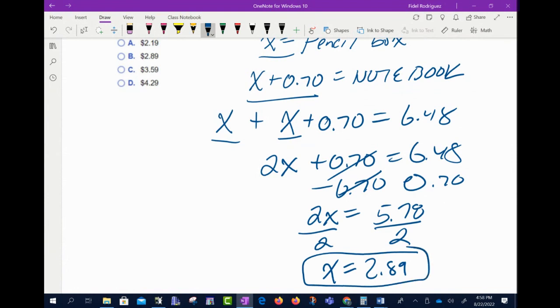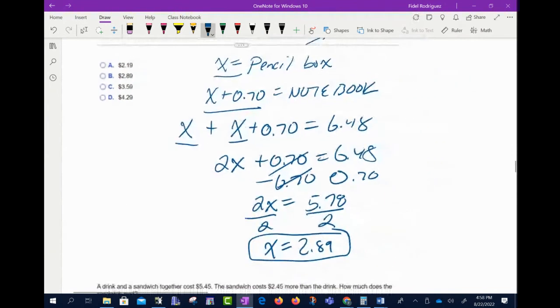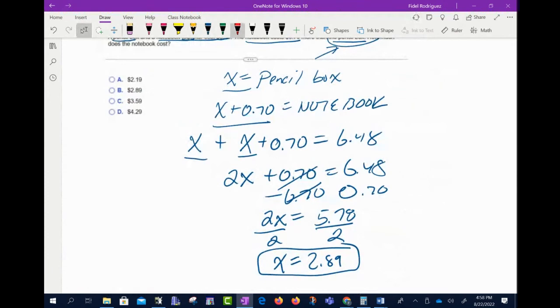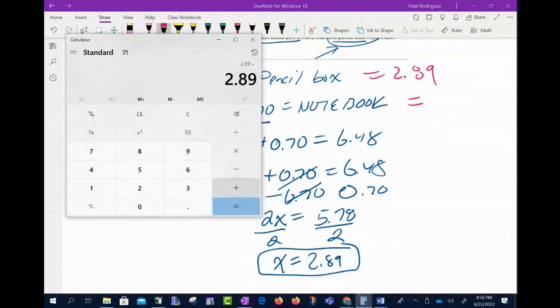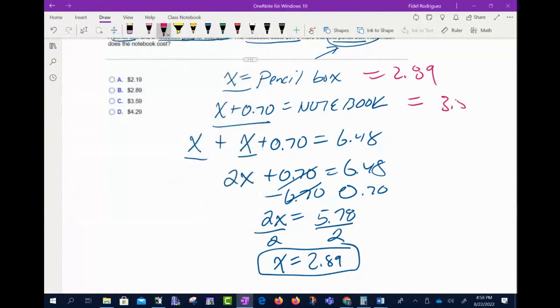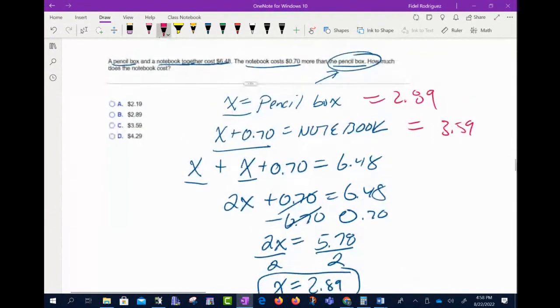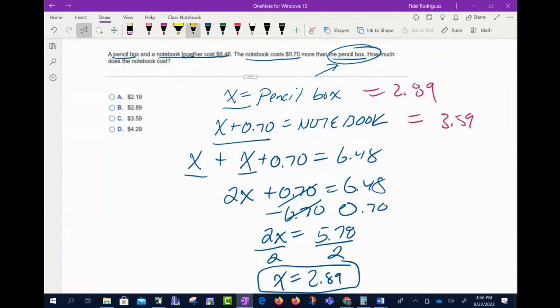Now, before I go and start marking my answer, I want to remember what X stood for. X was the pencil box. So the pencil box is $2.89. Remember, the notebook is 70 cents more than that. So if I add 70 cents more, that's $3.59. Now, the reason I wanted to do that is the question actually says, how much does the notebook cost?